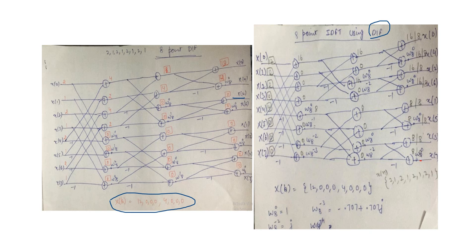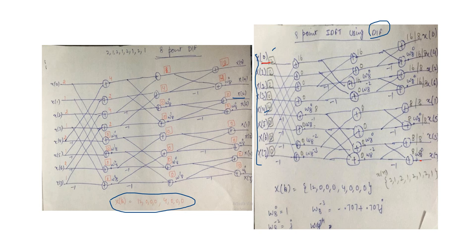From the diagram it is clear that for the input you have to write the sequence in sequential order. So you write 12, 0, 0, 0, 4, 0, 0, 0. According to the diagram you have to multiply the sequence.